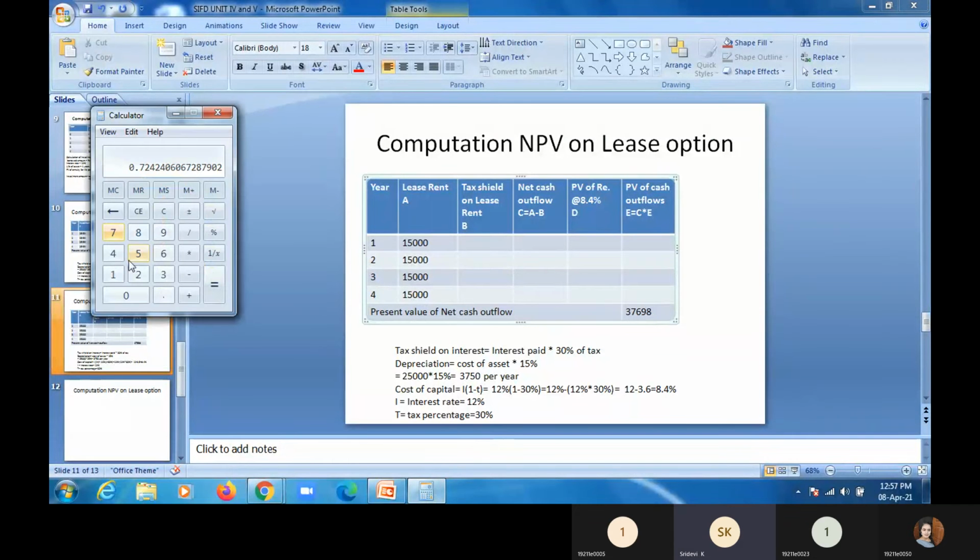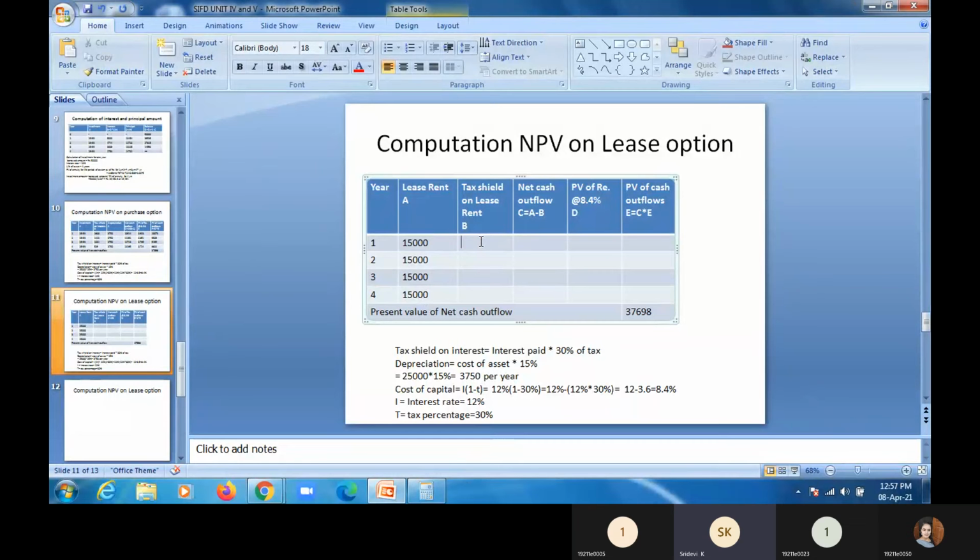So calculate 30% on 15,000. 15,000 into 30% means 0.3. 4,500 will be the tax shield on your rent. So you are going to pay 15,000 and you are going to get the tax shield.